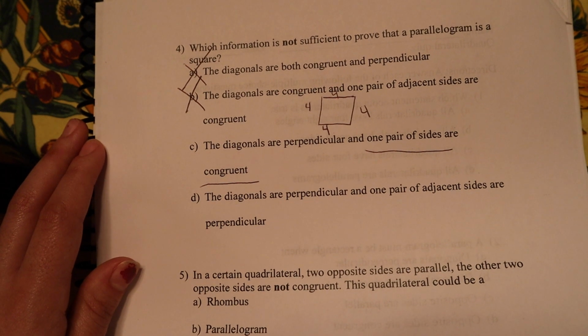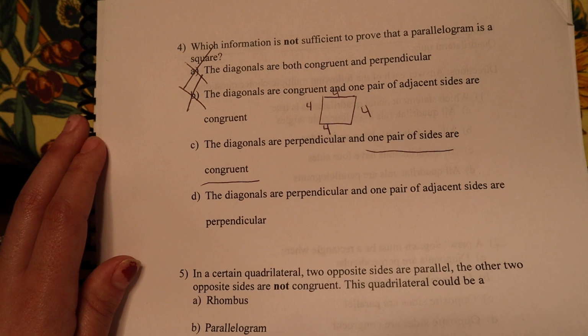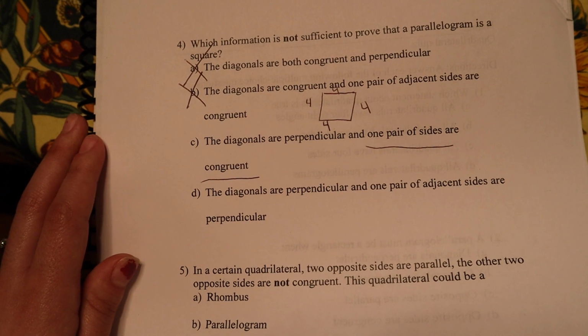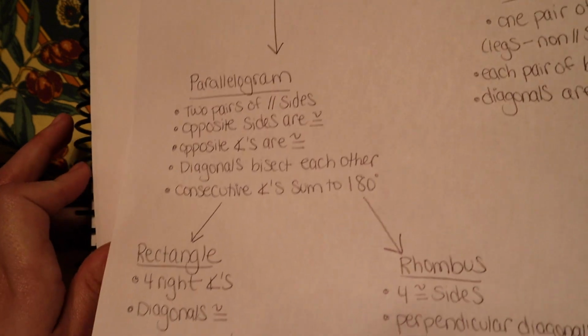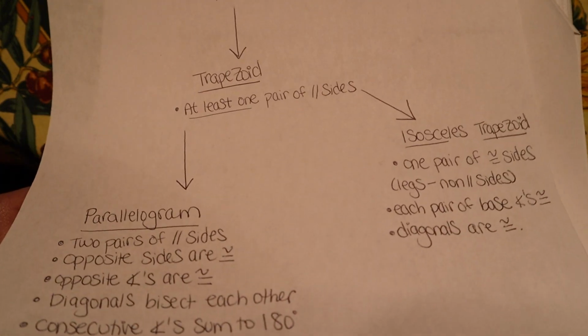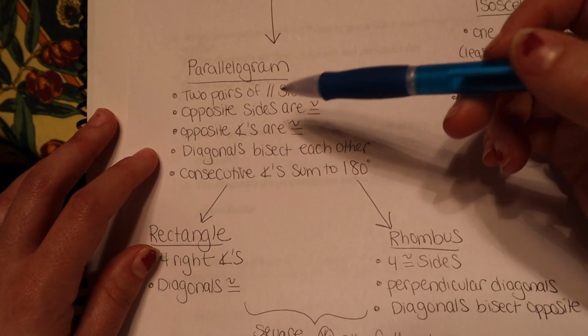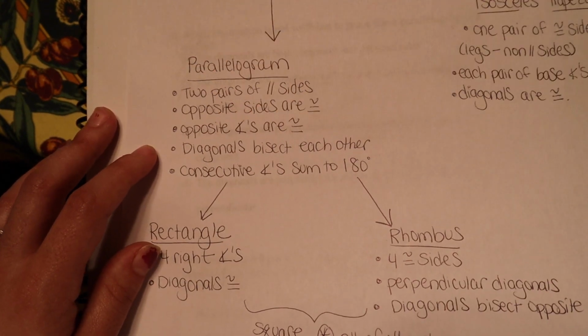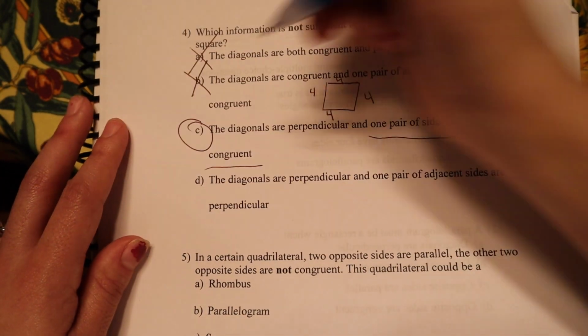Because we know for sure a square has 4 equal sides. So the fact that you see only one pair of sides are equal, that should be alarming. The only shape that has one pair of sides equal is an isosceles trapezoid. Alright? The property of a parallelogram says that your opposite sides are congruent. So you always need to have 2 pairs of sides equal. So this would not be sufficient.